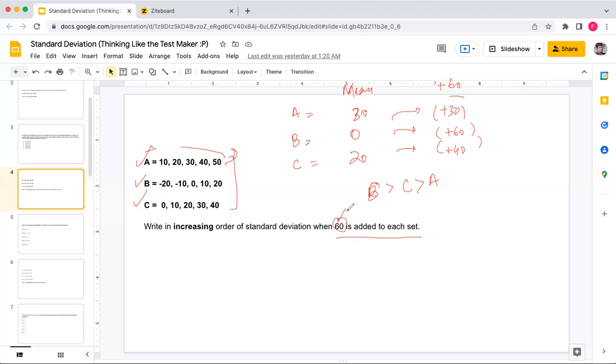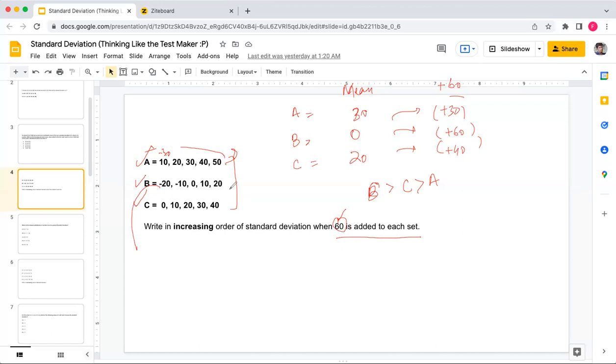Got the point? Okay. And what about the minus sign, minus 20, minus 10? They will remain the same. Both of these are the same, because for becoming B, we are just subtracting 30 from each element of A: 10 minus 30 is minus 20, 20 minus 30 is minus 10, 30 minus 30 is 0.